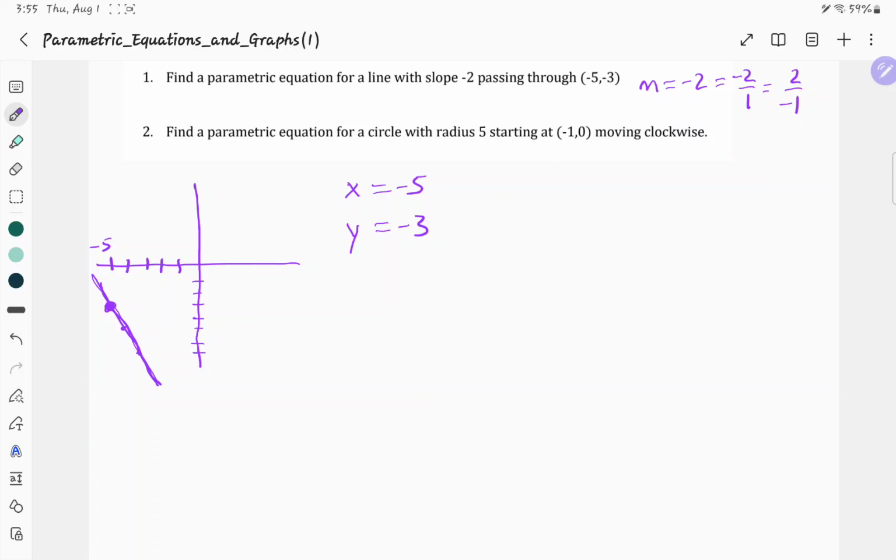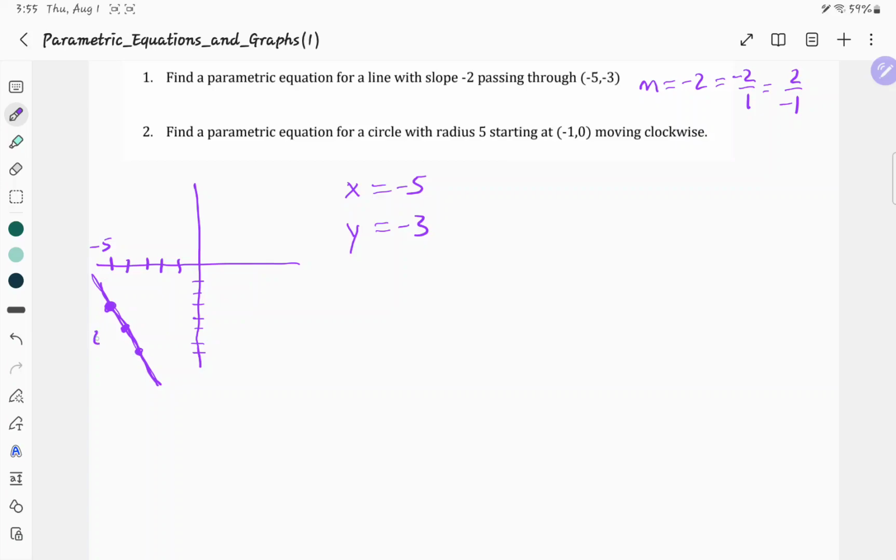And then the speed at which I trace out that line could vary, but sometimes it's easiest to go with your slope as your t. t is 1, moves one of those slope distances. t is 2, goes another slope distance, and so on.